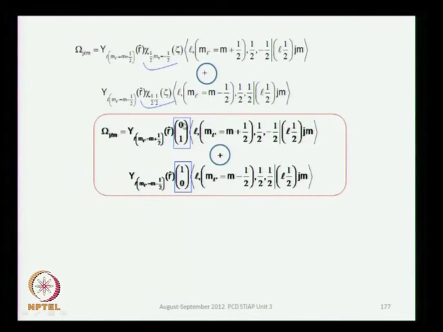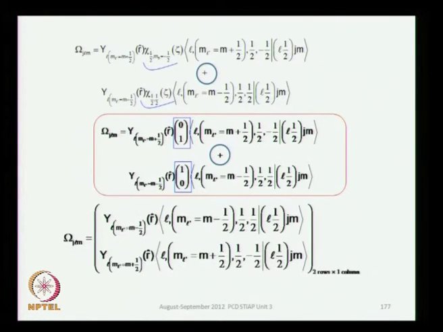Over here the element in the first row will be 0, the element in the second row will be non-zero, and then you sum the 2 terms. What do you get? You get a matrix of 2 rows and 1 column. The first row comes from the upper term, because this has got the element in the first row to be non-zero. So this is what you get, and from this term you get the lower row, which is the second row.